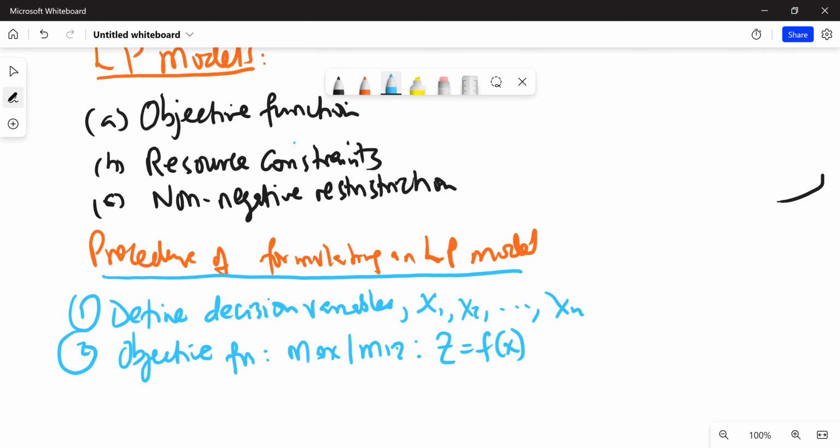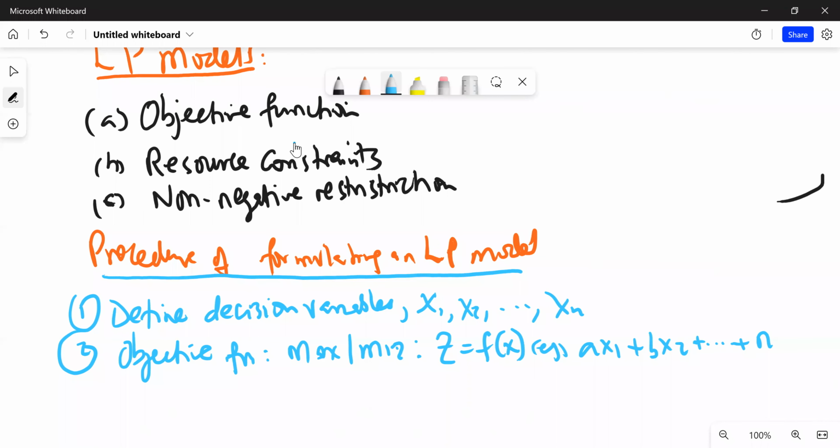If you have two decision variables, you just have x1 and x2. Then your objective function will be something like a of x1 plus b of x2.